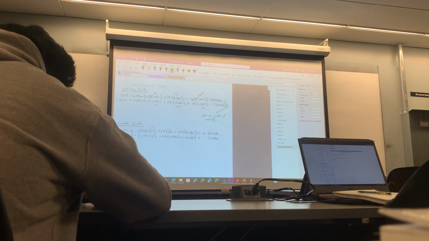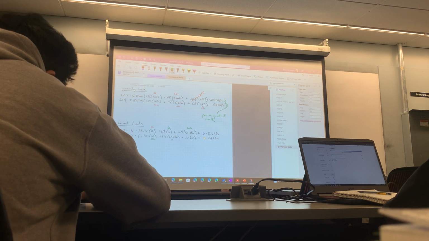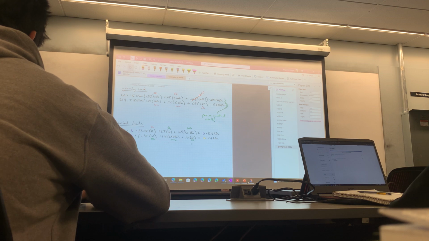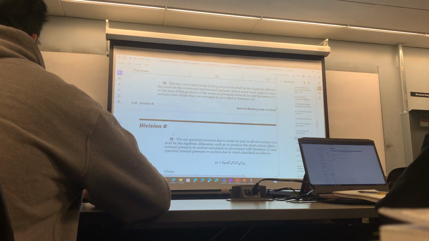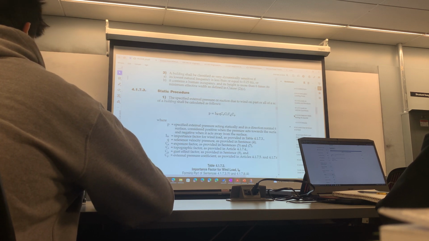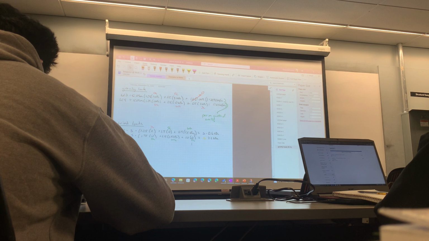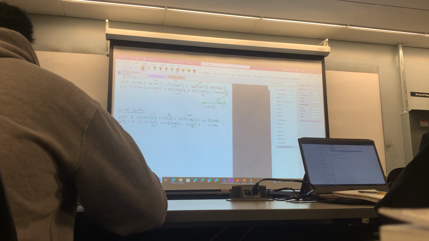This is dead load, wind load, snow load, companion load. Okay, let's just go and check our table here. Anyway, you guys can check the table. Let's keep this purple for now.